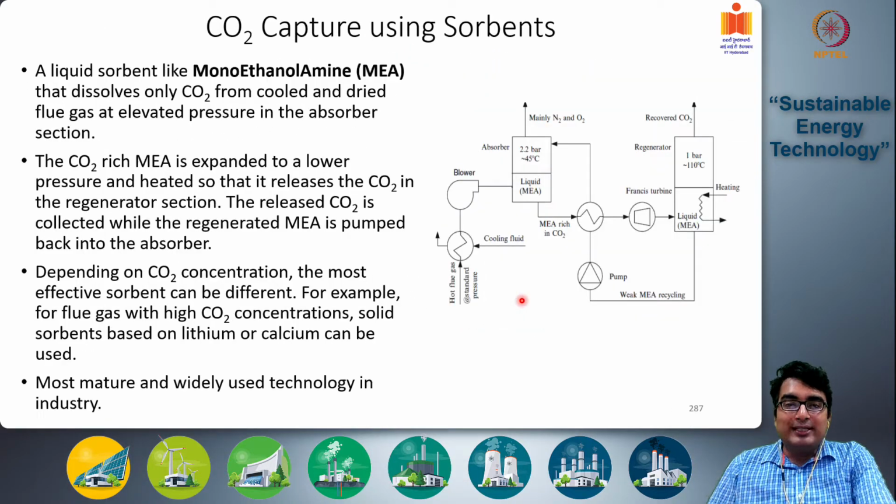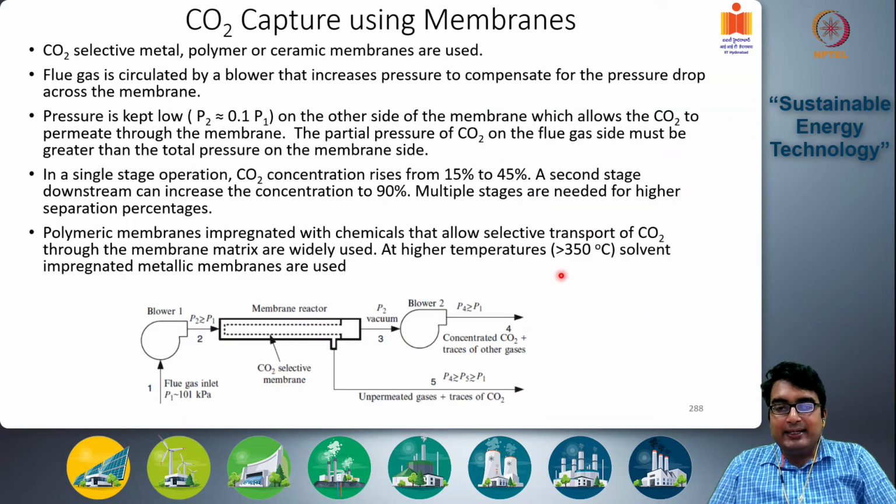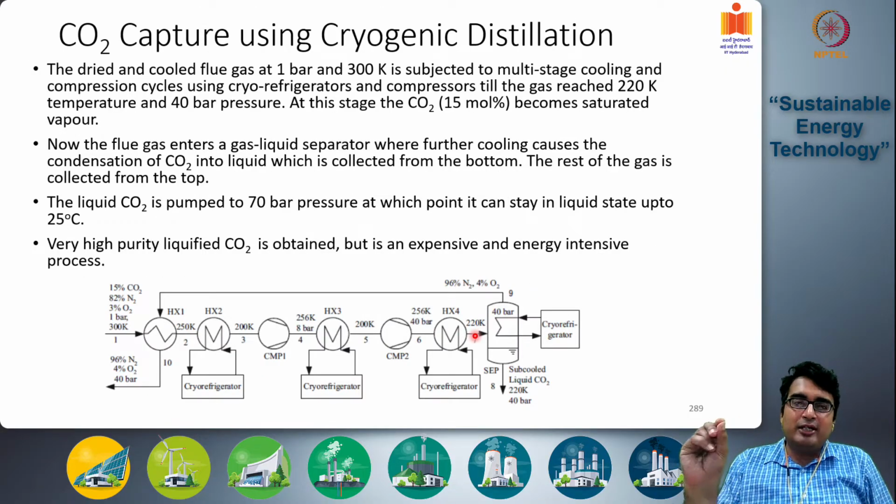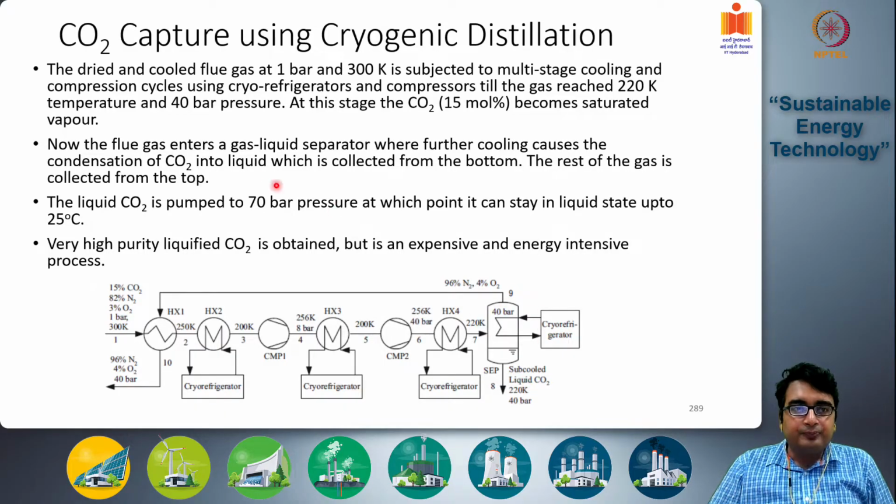So this is what is important here: the final temperature and pressure is such that it has become a saturated vapor, so that further cooling is going to condense it to create liquid CO2. And this is being done in the final cooling system.